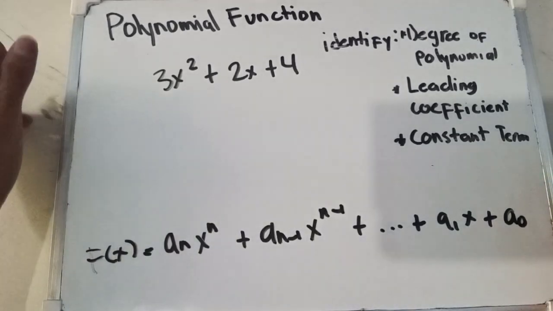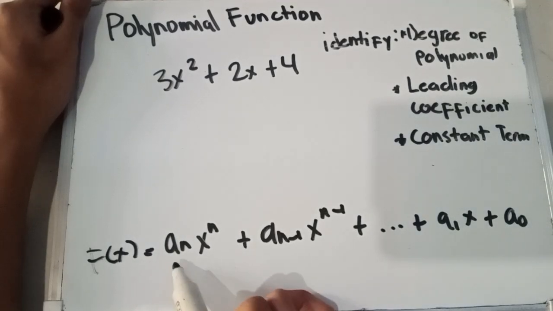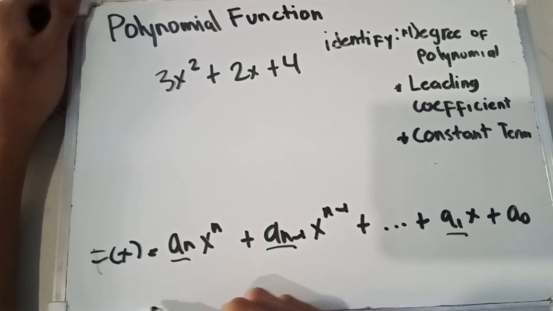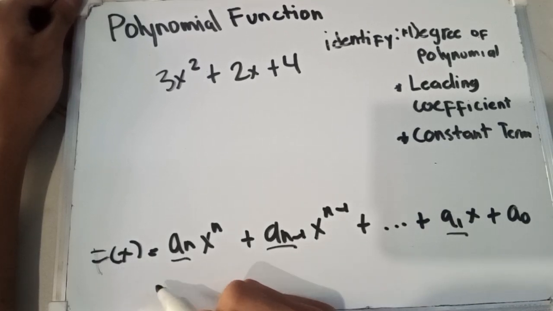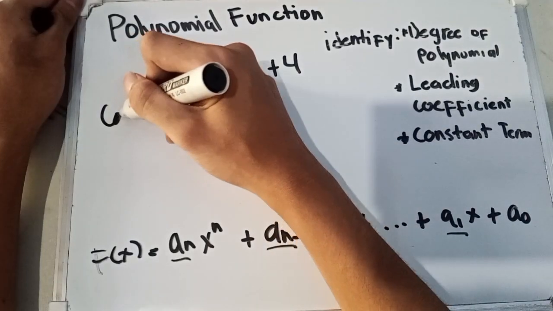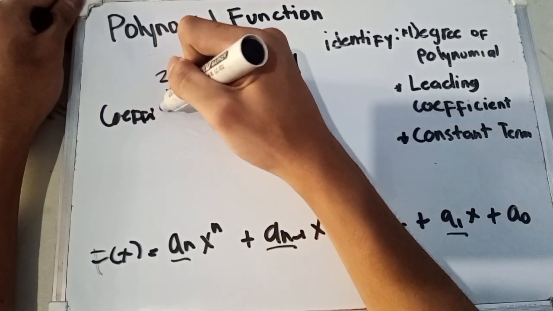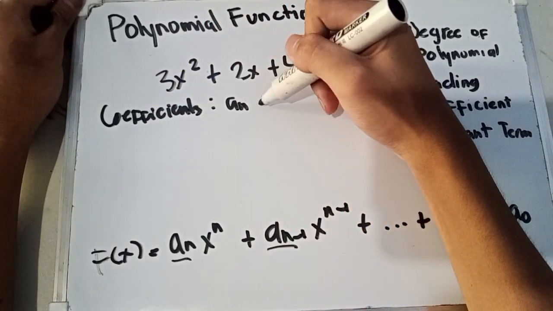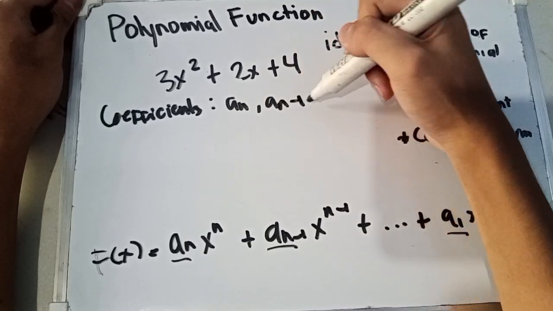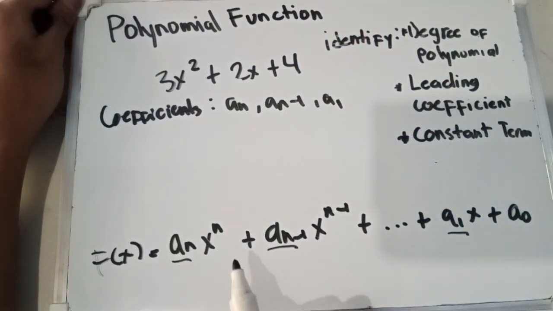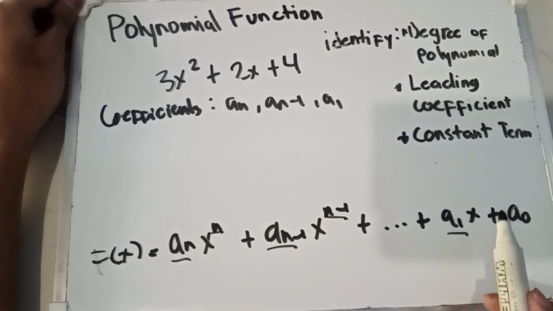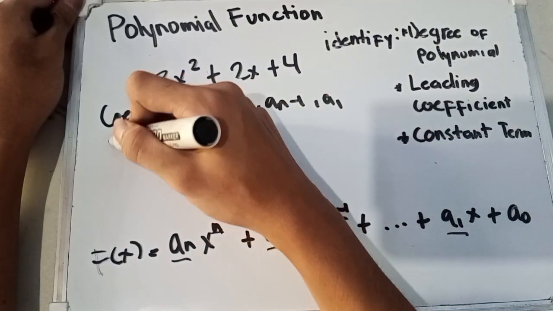Okay, so a n minus 1 and a1 are the coefficients. Okay, they're coefficients. And n minus 1 are the exponents.